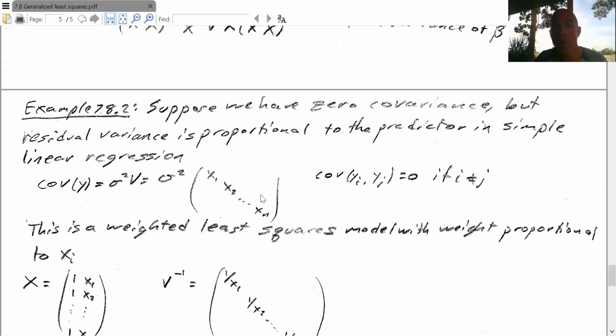And I'm on a diagonal matrix, so I have 0 above and below the diagonal, that corresponds to a covariance of 0 between all distinct observations. So this is an example of a weighted least squares model. The correct way to proceed with this is to do weighted least squares.